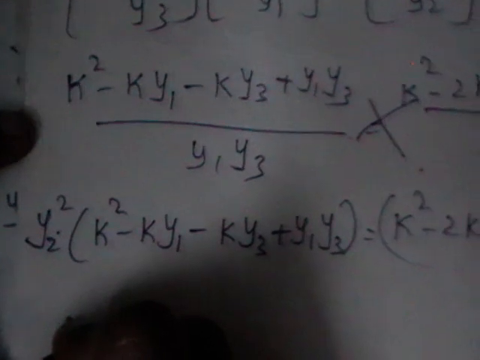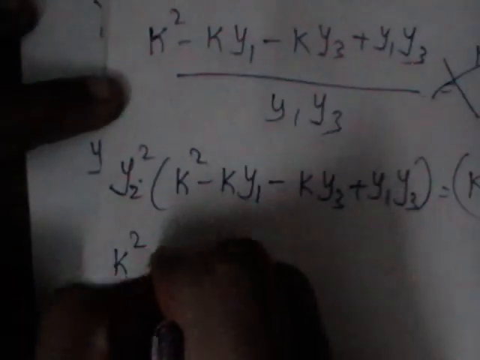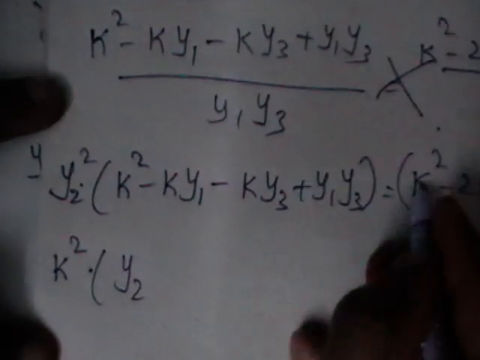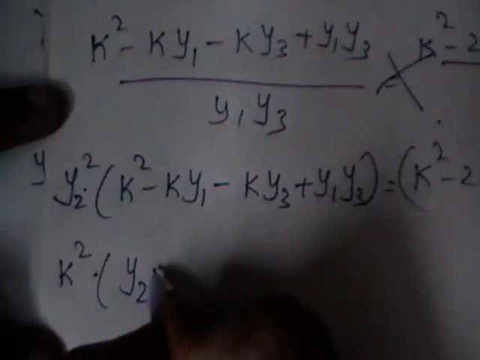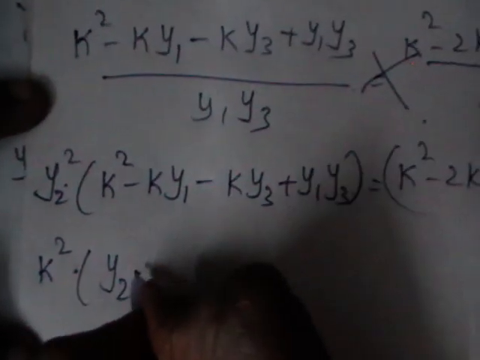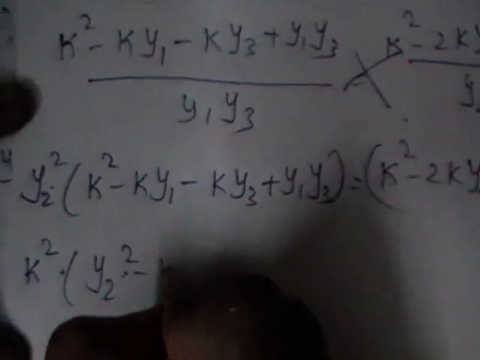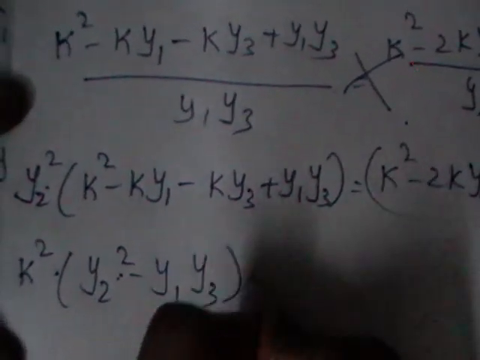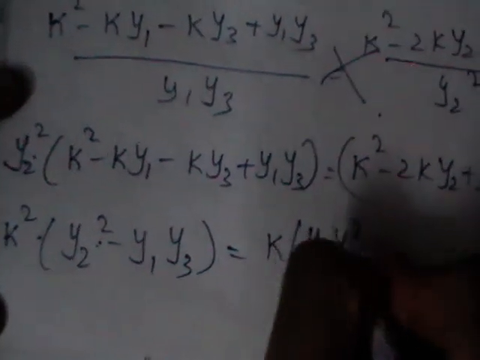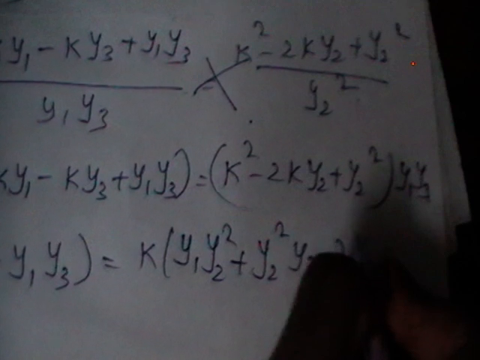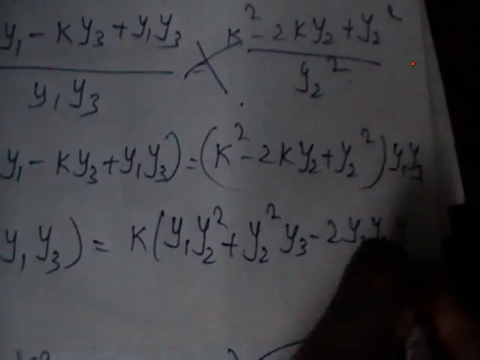So on simplification, you will get k square into y2 square minus y1 y3 on shifting to the RHS by taking k square common, is equal to k into (y1 y2 square plus y2 square y3 minus 2 y1 y2 y3), and k cancels.